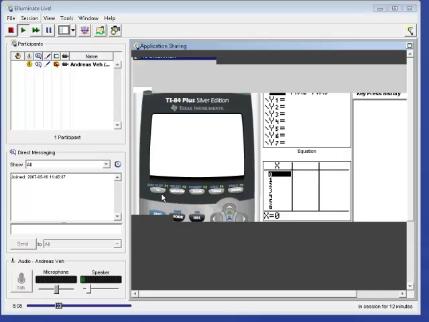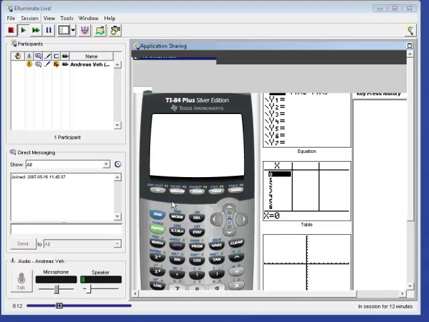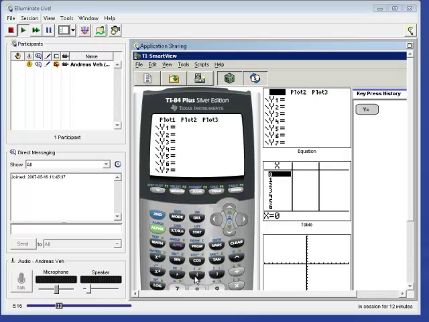Alright, so y equals. And the first example said, open the parentheses. I hope it's going to do this and not freeze up on me. This is interesting.